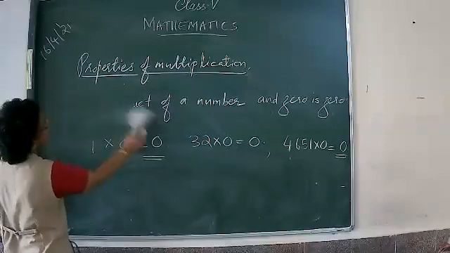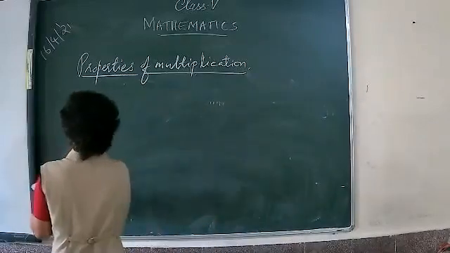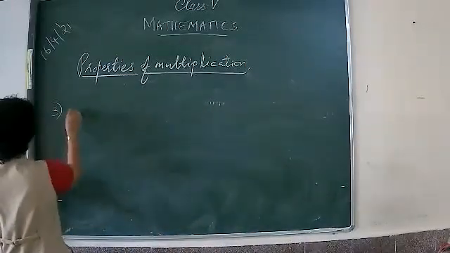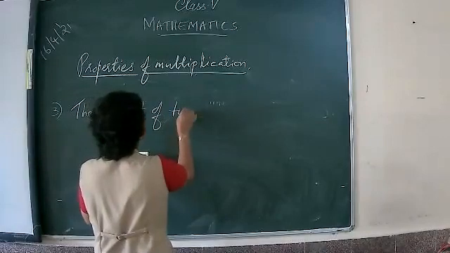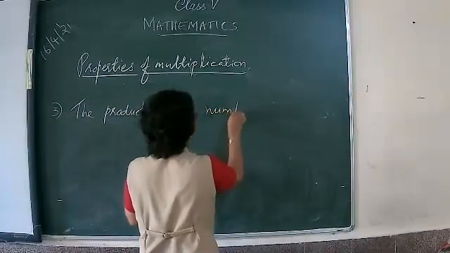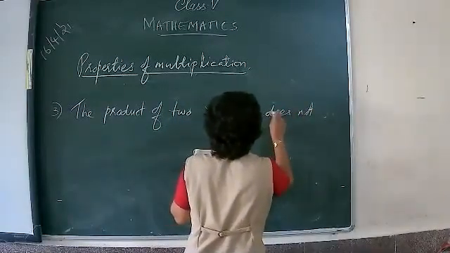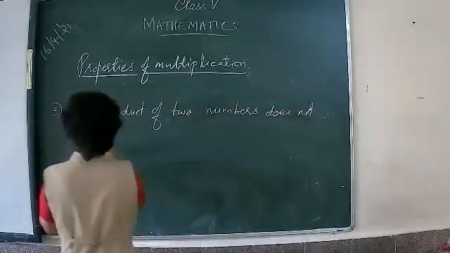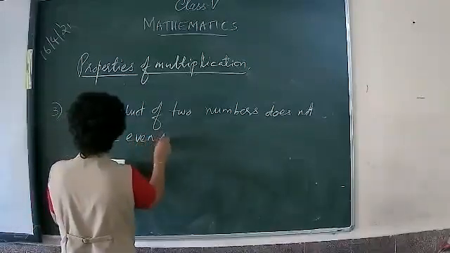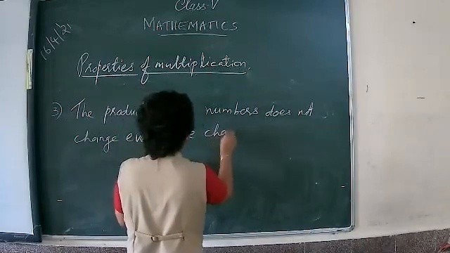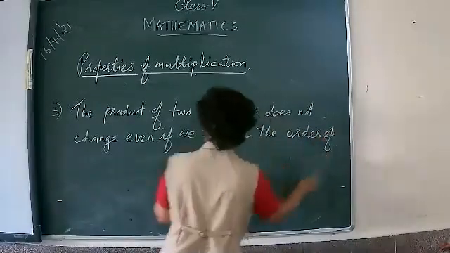And next, the third property says, children, the product of two numbers does not change even if we change the order of the numbers.